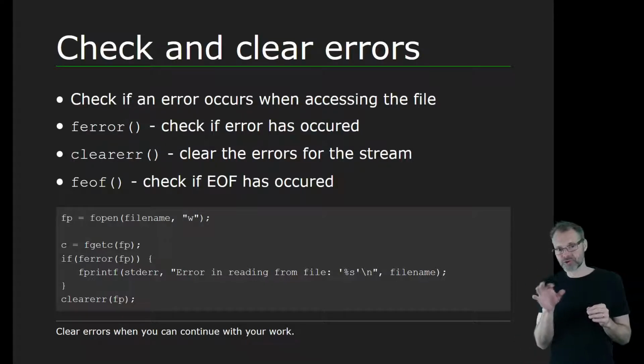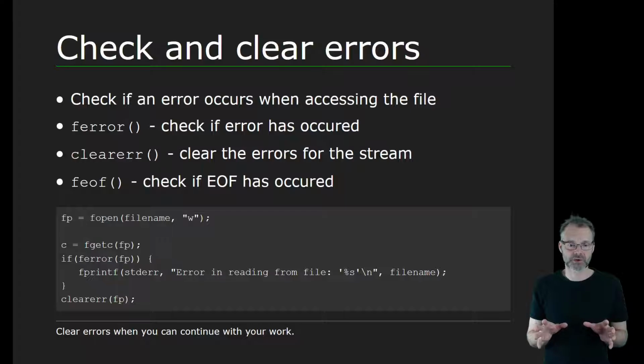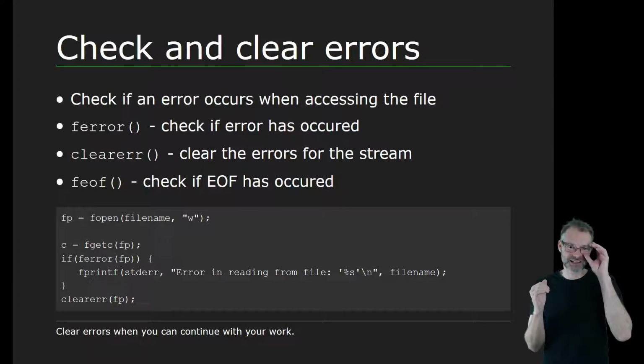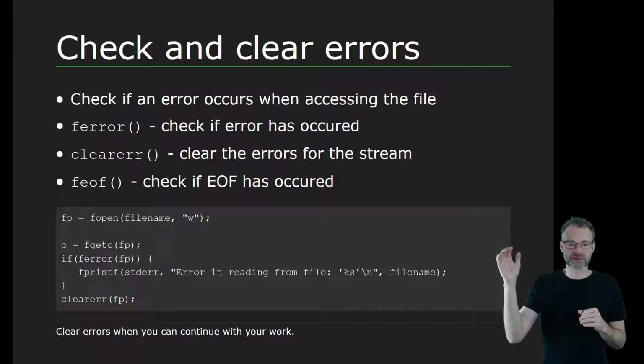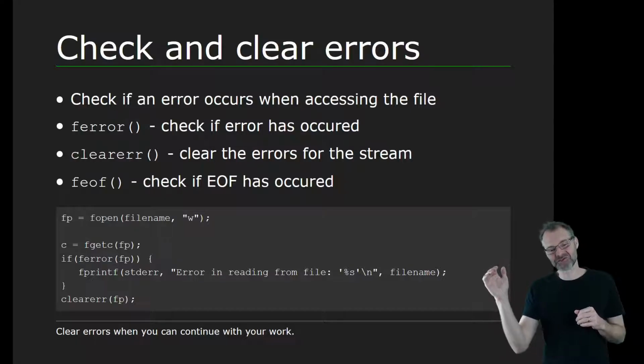Here are a few more functions that could be useful when we work with error handling and files. We should in general check if an error occurs when we are accessing, reading or writing to the file. ferror is one of those functions we can use here. So here I'm reading a character from the file, and I'm checking if there is an error on this file pointer currently.